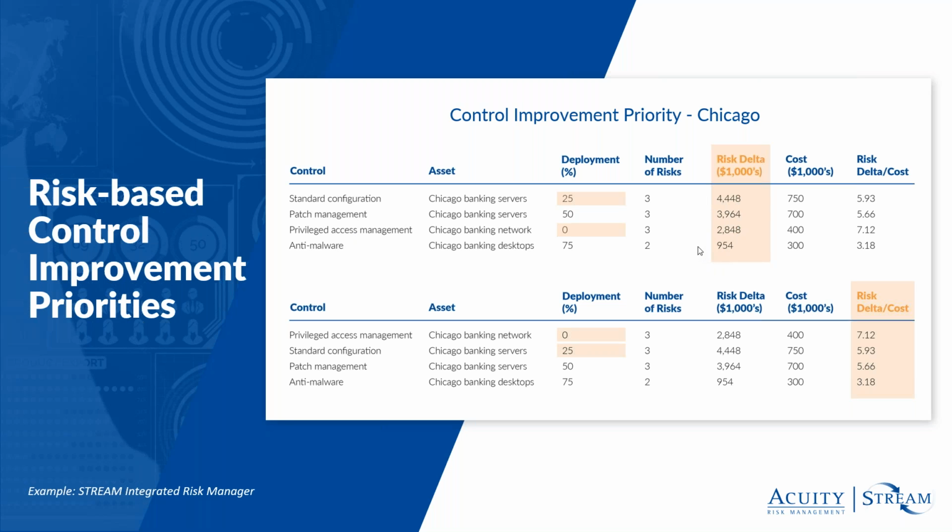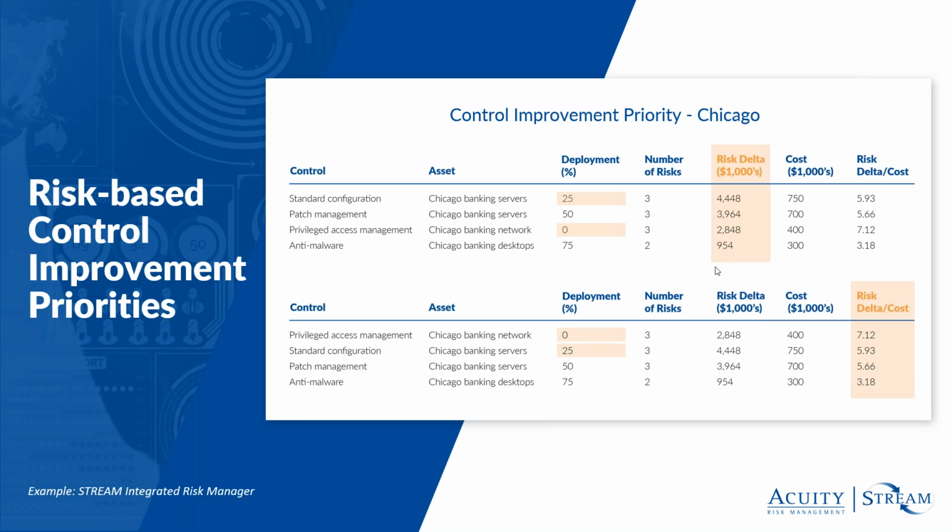Now again, this is statistical. This is showing the most likely risk delta, but of course it could be higher and it could be lower, and so we need to be conscious of that, and we could analyze further if we need to.